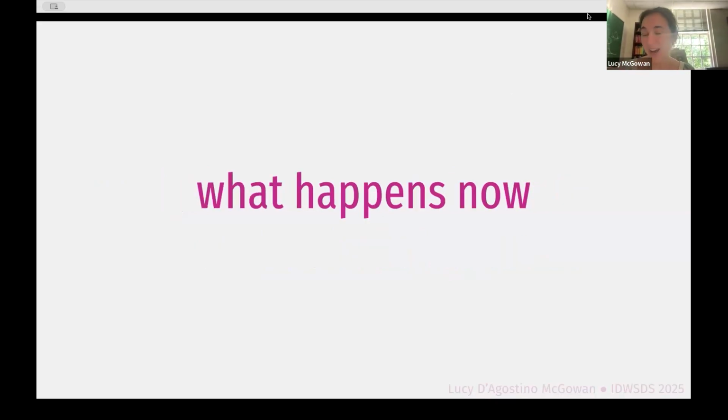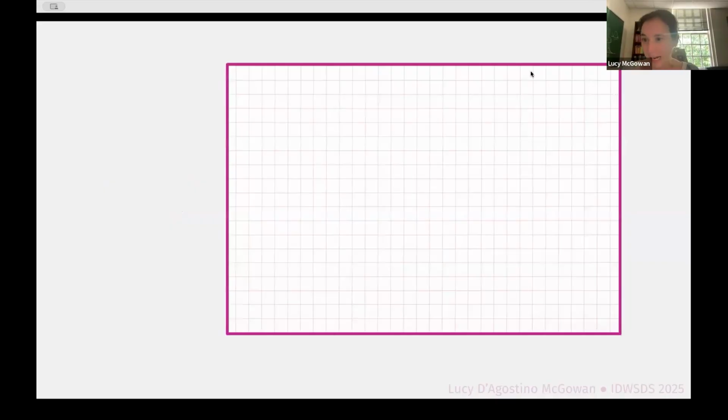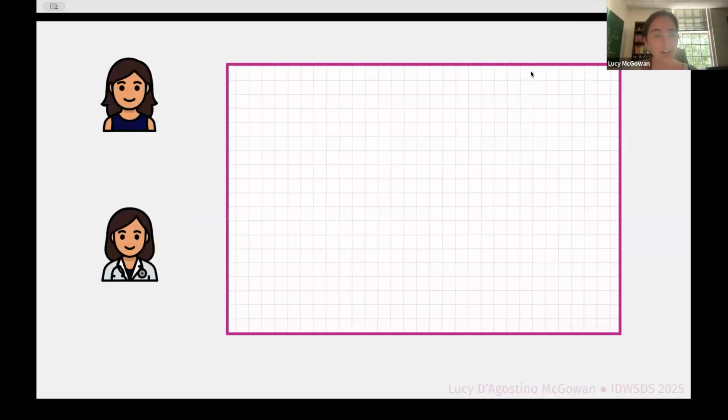So what happens now when I am working with a collaborator on answering some kind of causal question with observational data? A lot of times it's something like this, where this is me up here and this is my collaborator. And I'll say, draw the data generation process, and they'll be like, what? And so we're starting with a blank piece of paper, and sometimes that's hard.